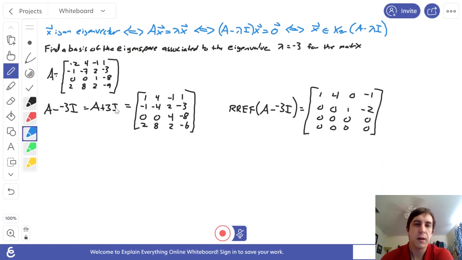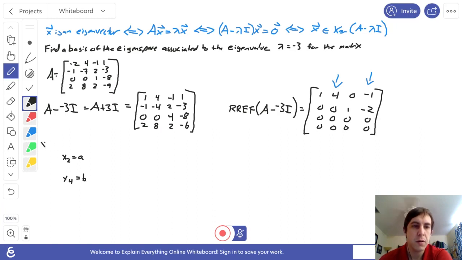So now if we look at our reduced matrix here, we see 2 non-pivot columns, so we'll have 2 free variables. So let's say x2 be a and x4 be b.